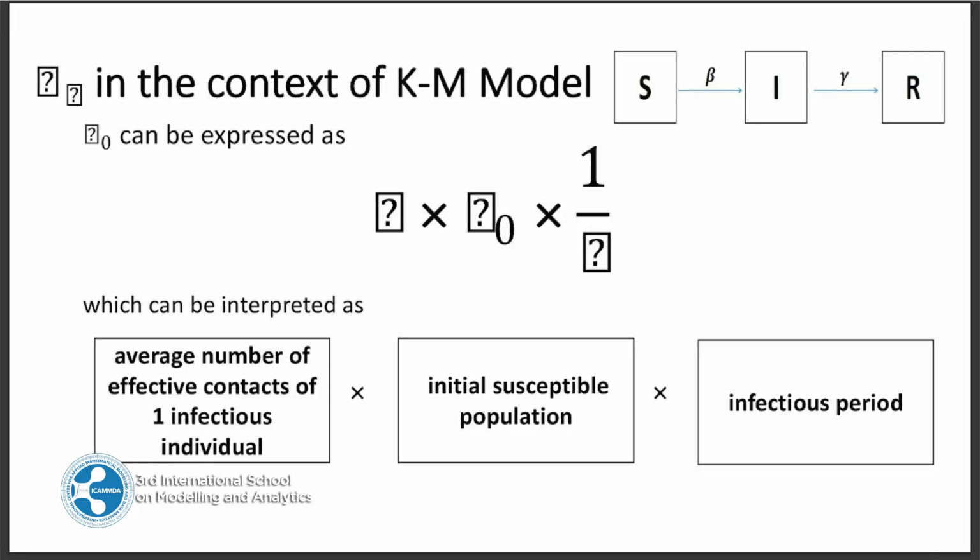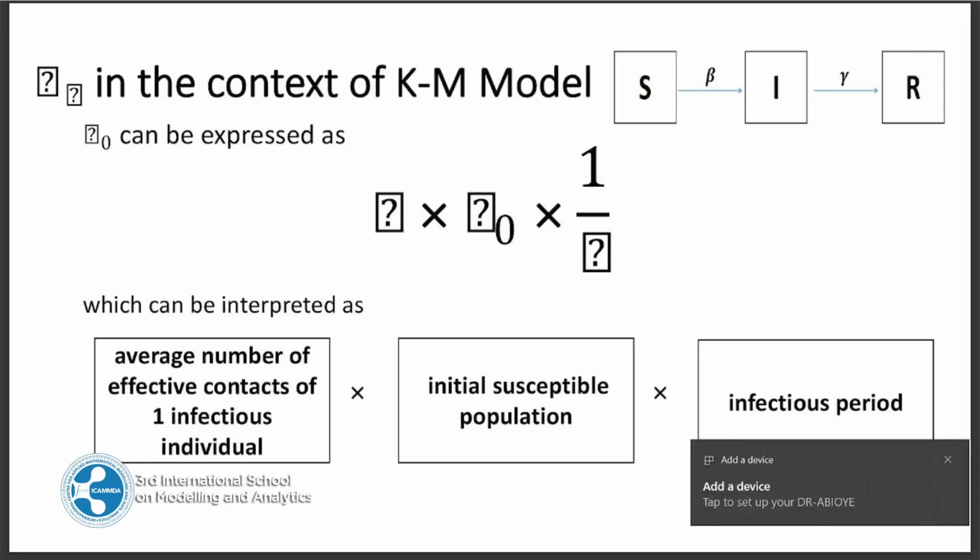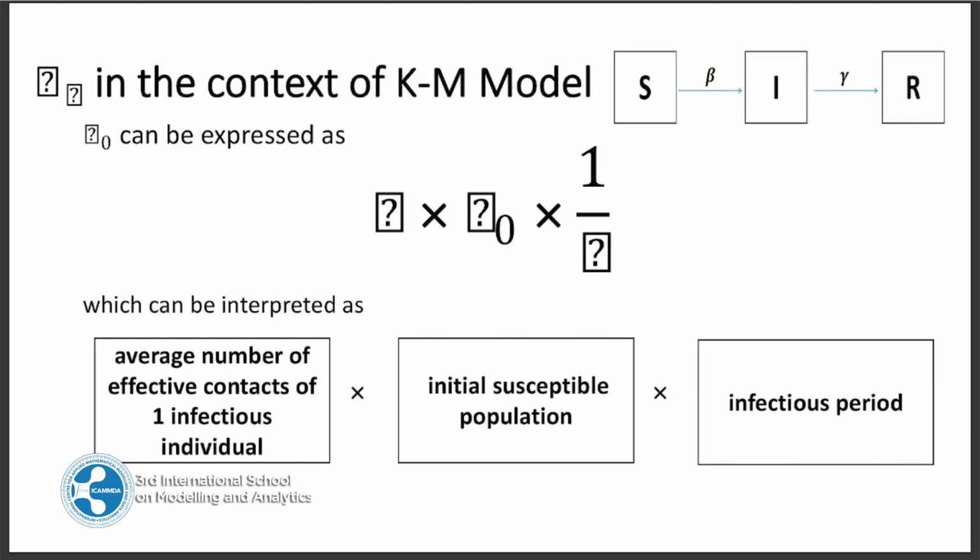So we can use the same approach. This is what I was explaining. If you have R0 equals beta S0 times 1 over gamma, that is for the SEIR model without demography, because there is no demography in that model.